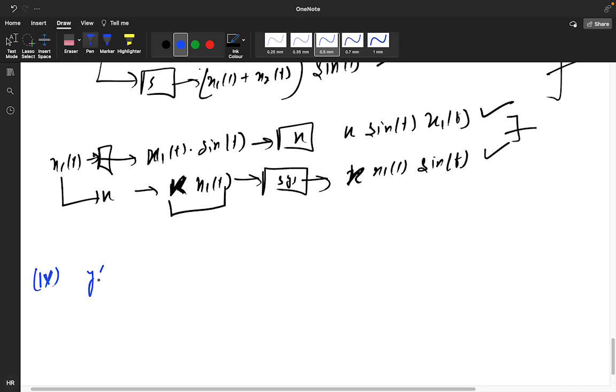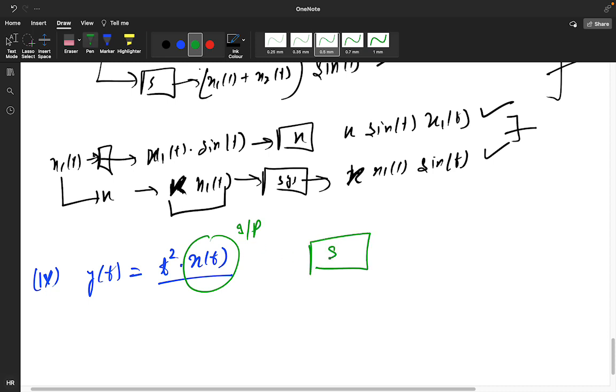Okay, y of t is equal to t square x of t. Whether it will be linear or non-linear, what is the meaning? Means this is your input. So what is the system doing? Whatever input you put, it will multiply it with t square.